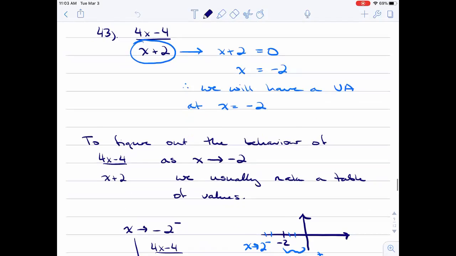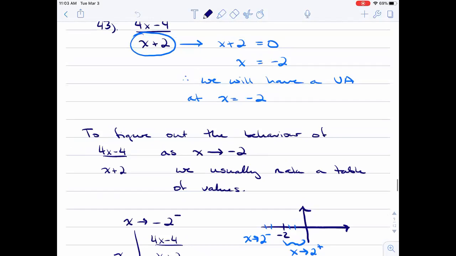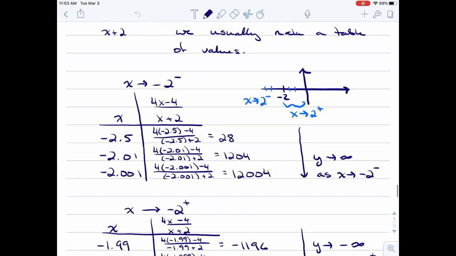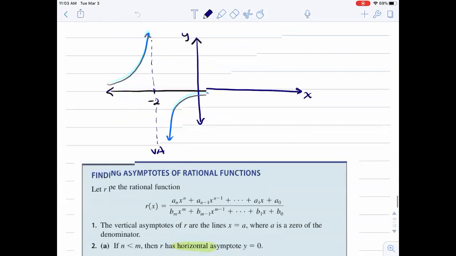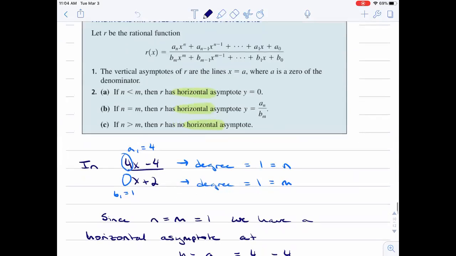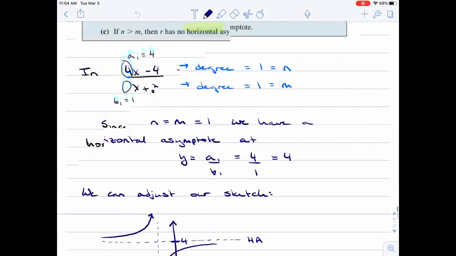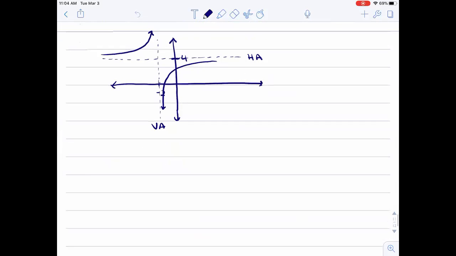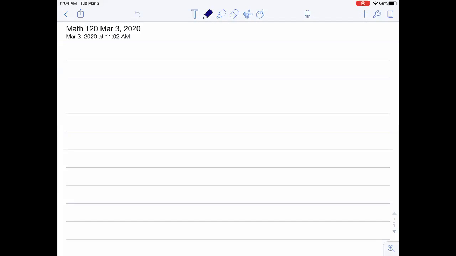And we figured out where we're going to have vertical asymptotes, what the behavior is at those vertical asymptotes. We figured out that we have horizontal asymptotes of 1 at y equals 4. And so let's just do a recap of that.